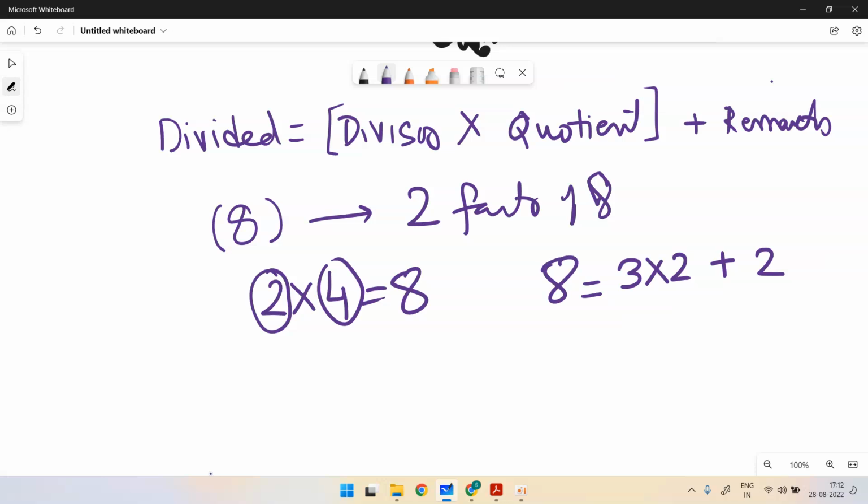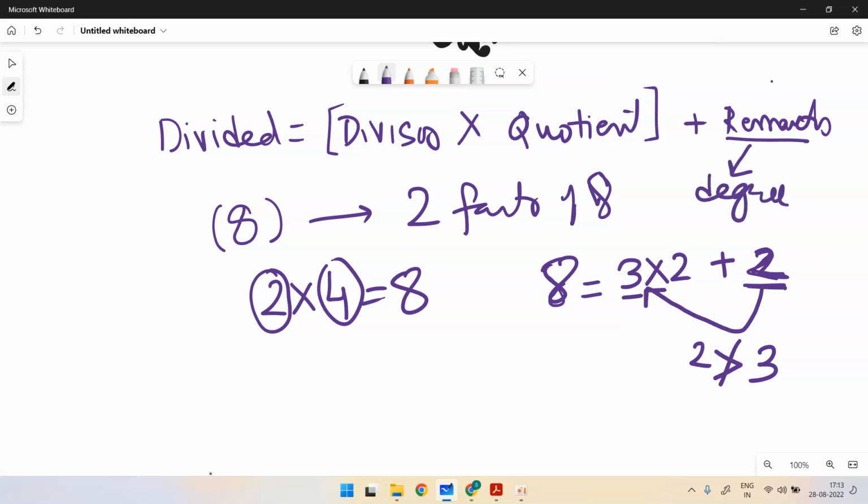Now if you look at this, this is 8, this is 3, and this is 2 plus 2. This remainder cannot be greater than the divisor: 2 cannot be greater than 3. This is the first thing, the degree of the remainder.